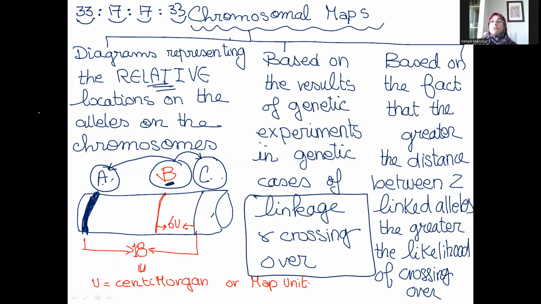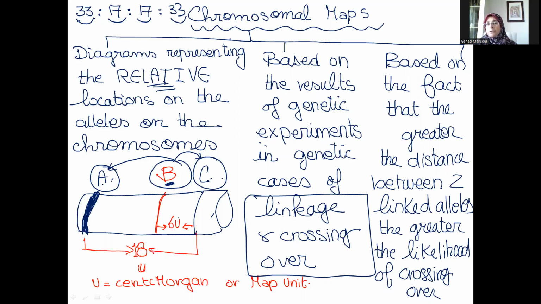And as we said before, in this dihybrid test cross, there is no fixed result. The result depends on how frequent crossing over occurs. And the frequency of crossing over depends upon the distance between the two alleles on the chromosomes, meaning that the bigger the distance between the two alleles on a particular chromosome, the higher the likelihood of crossing over to occur between the alleles.